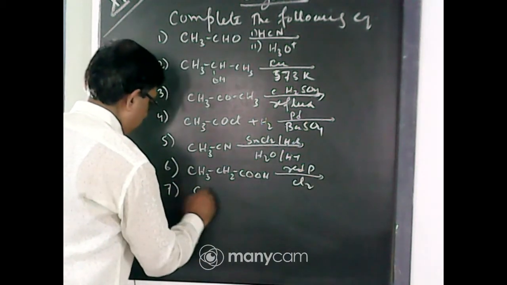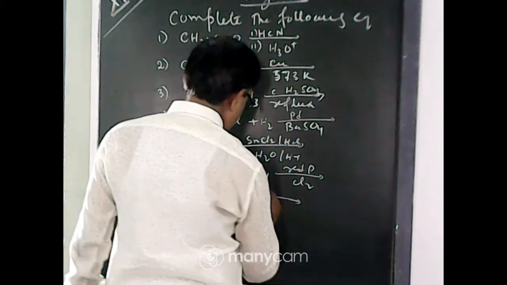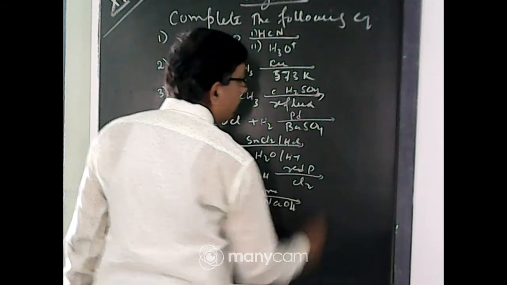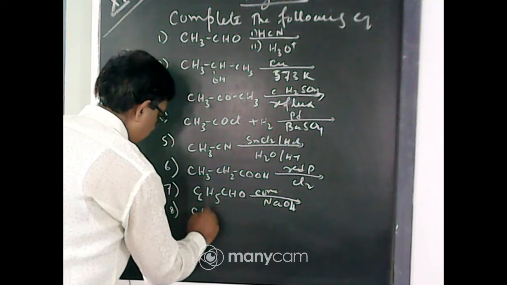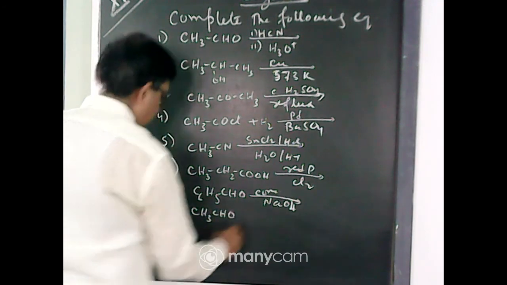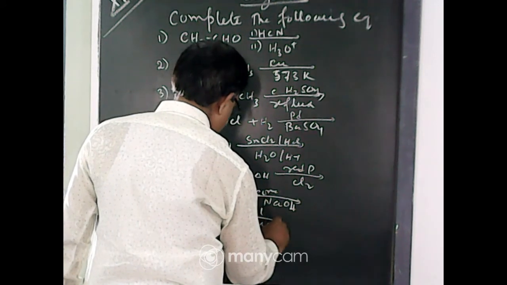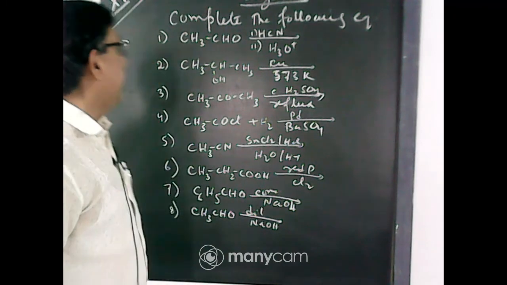Number 7, C6H5CHO with concentrated NaOH. Number 8, CH3CHO with dilute NaOH. You have to complete the following reactions.